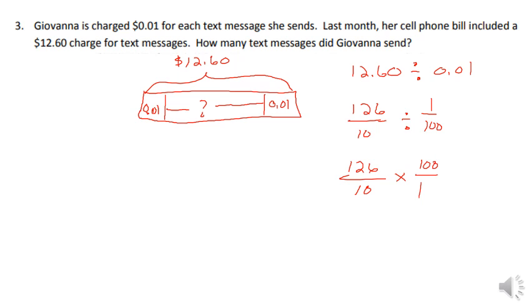Now when we rewrite that, that's 126 times 100 over 10, because 10 times 1 is 10. I know 10 will go into 10 one time. 10 goes into 100 10 times, which leaves us with 1,260 over 1, which gives us 1,260. So we know that she had 1,260 texts.